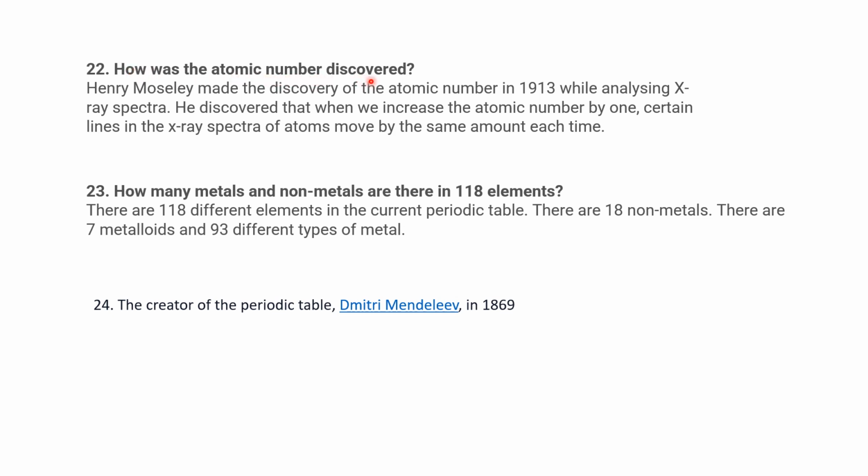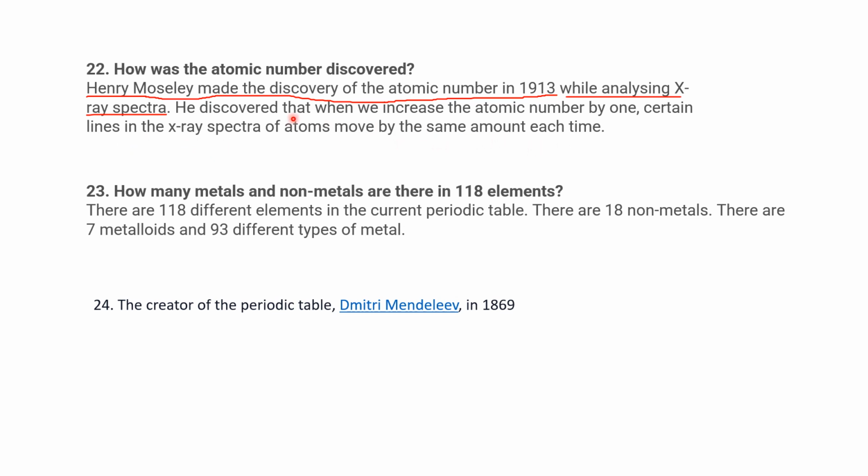See, how was the atomic number discovered? Henry Moseley made the discovery of the atomic number in 1913 while analyzing X-ray spectra. This point is very important, so keep it in mind. He discovered that when we increase the atomic number by 1, certain lines in the X-ray spectra of atoms move by the same amount each time.